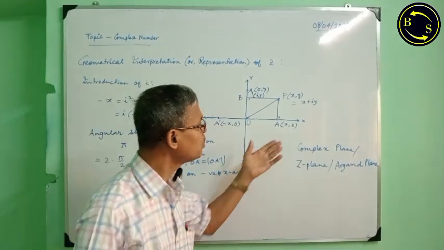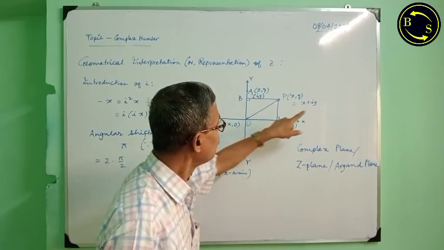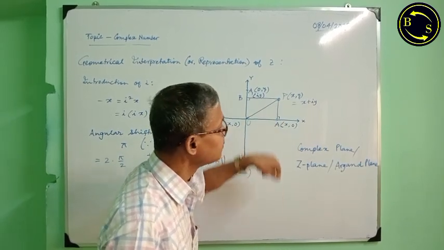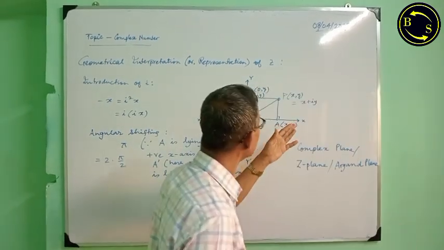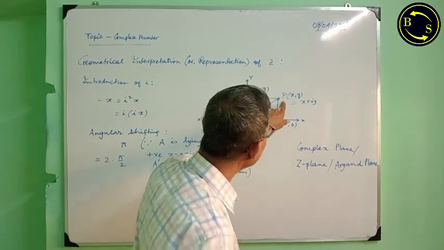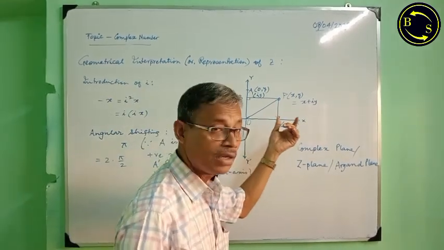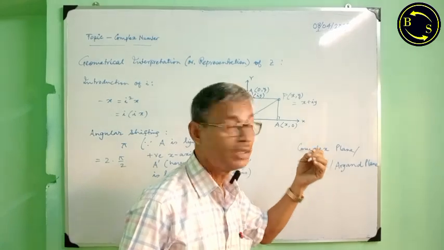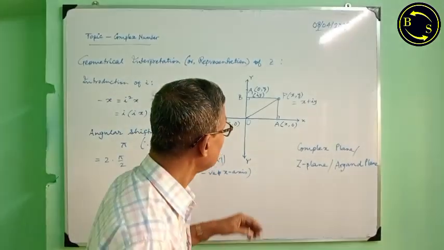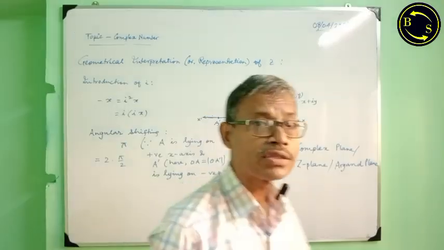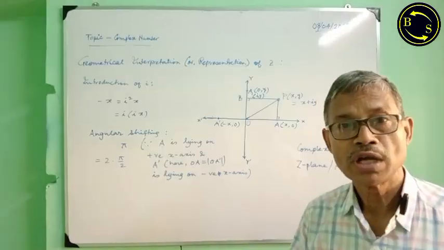Now I have already told you x is BP and y is AP. Therefore, P indicates the complex number (x, y) if we use an ordered pair, or x plus iy. Now from this we shall define modulus and amplitude.